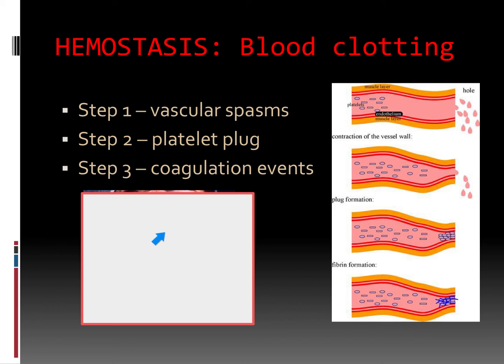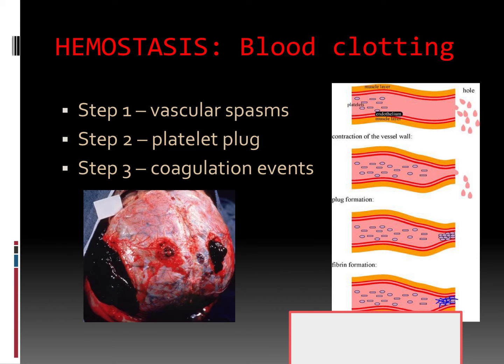Okay, so I'm going to move the little rectangle so you can see the blood clot picture if you would like to. If you would not like to, then just zip ahead a tiny bit. Okay, so here you can see some serious blood clotting there.